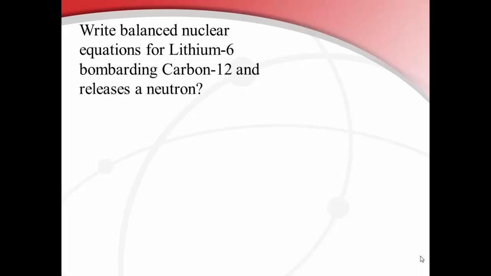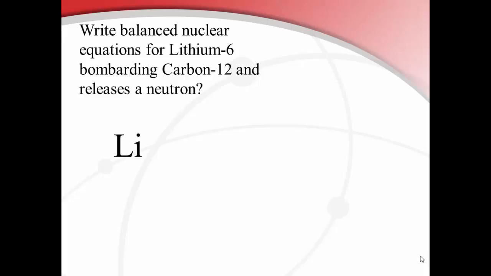Now, when using artificial transmutation, we still have the total mass on the reactant side must equal the total mass on the product side, and the total atomic number on the product side must equal the total atomic number on the reactant side. So to do a nuclear equation for lithium-6 being bombarded by carbon-12 and releasing a neutron, we would begin with lithium.